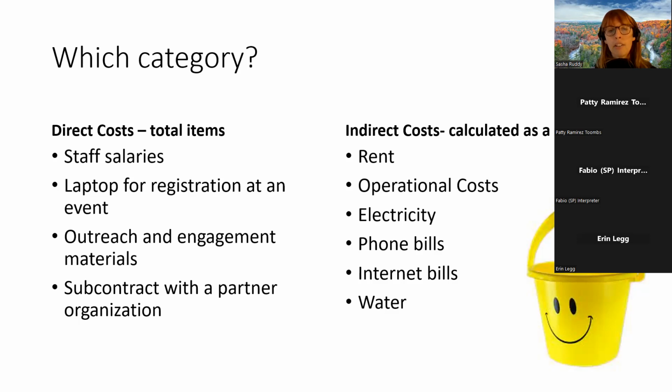On the right-hand column, indirect costs, and these are calculated by a percentage. These things include rent, operational costs, electricity, phone bills, internet, water, things like that. They are helping keep the doors open and running and working.